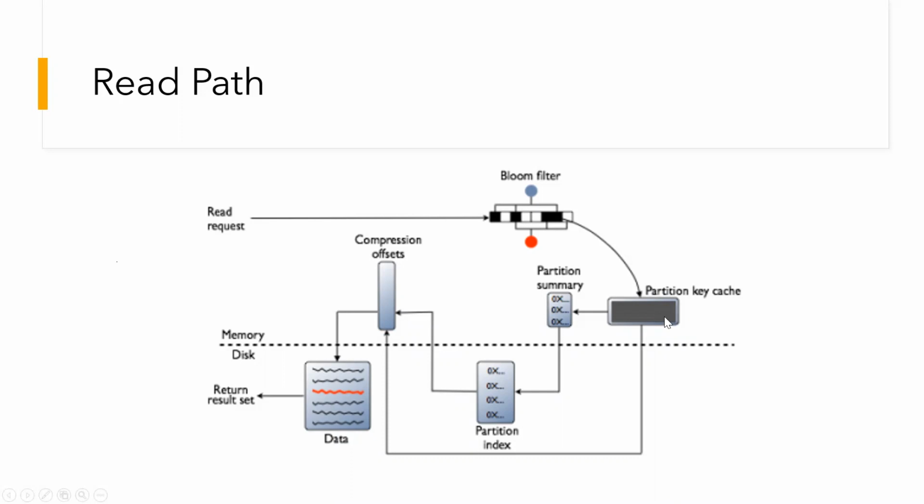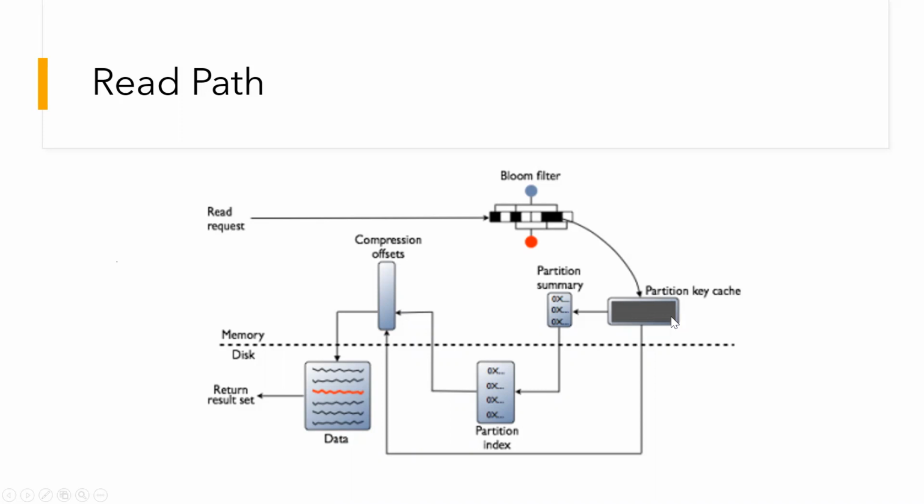Once it goes through the Bloom filter, it checks the partition key cache. The partition key cache is where your recent reads are stored, and if the key exists there, it directly goes to its offset and fetches that data.